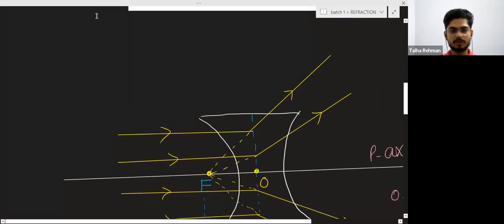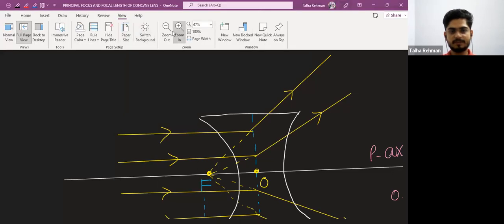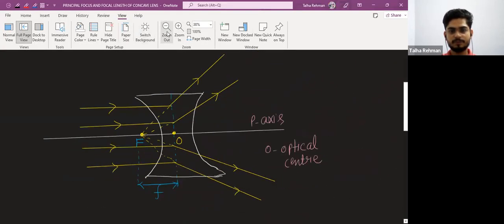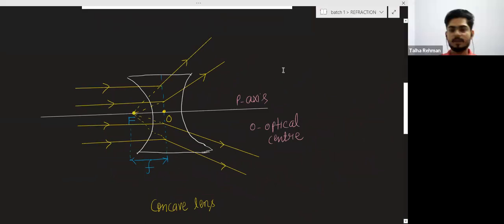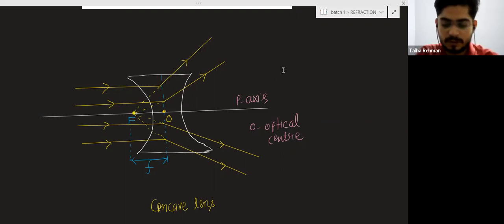Just now draw this diagram. Those who have not completed, please just make this diagram. If you make this diagram in your exam, believe me, you will get full marks, meaning if this is a question of 3 marks, you will get 3 marks. And this chapter, believe me, is very, very easy.